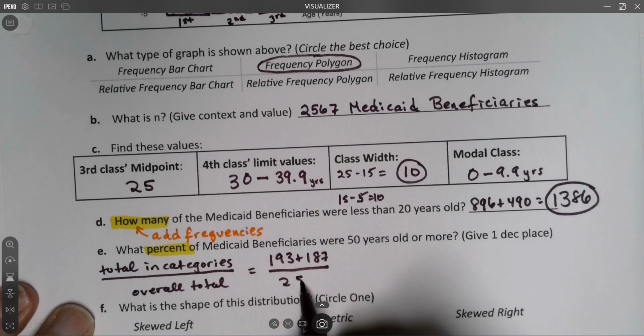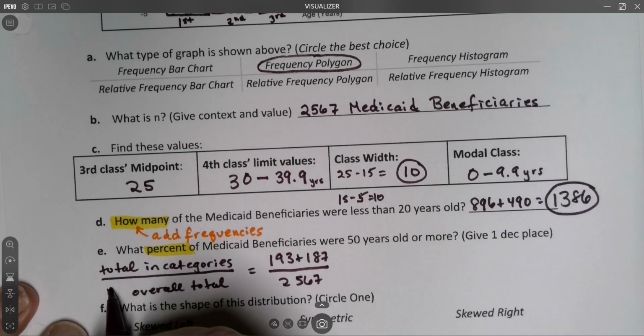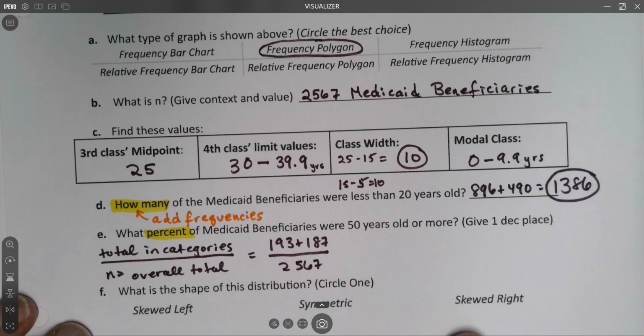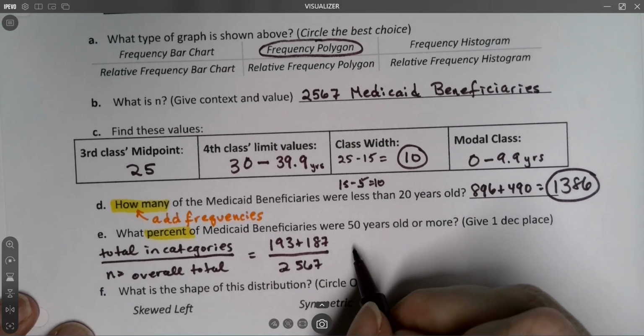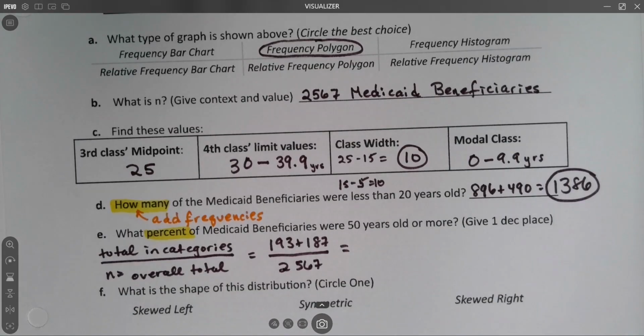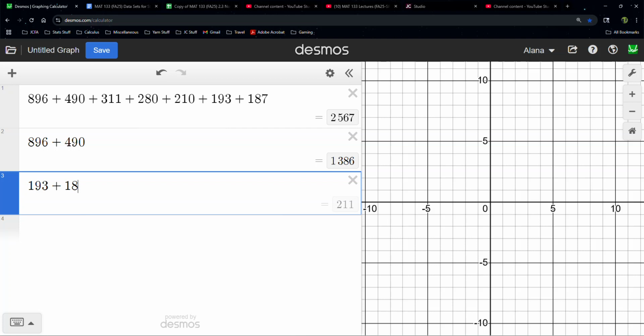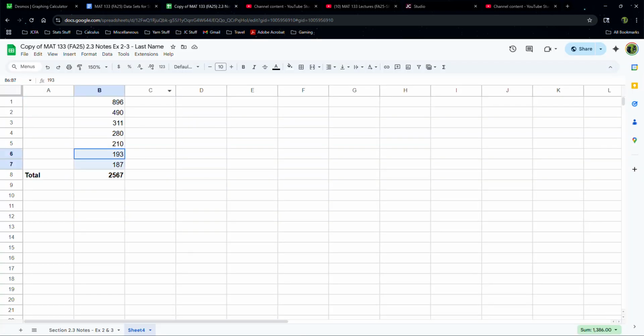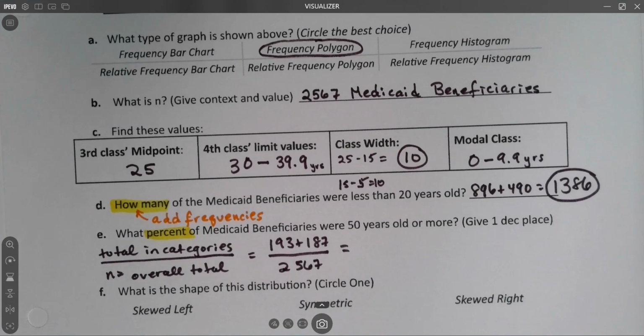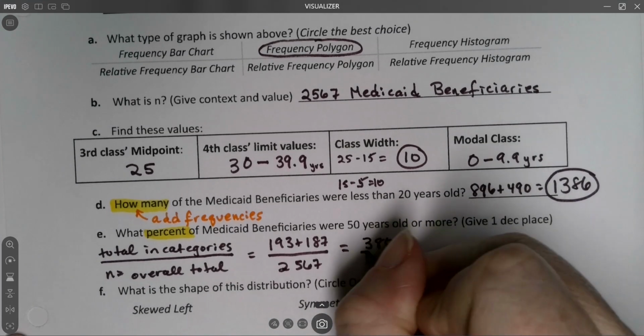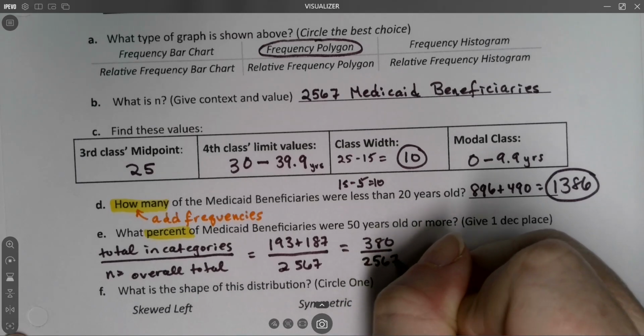It's 2567, right? That's little n down here. Okay, so we need 193 plus 187, right? 380. Or again, if you're in a spreadsheet, you could just add them up. There we go, 380, right, bottom right corner. So we know this is 380 divided by 2567.